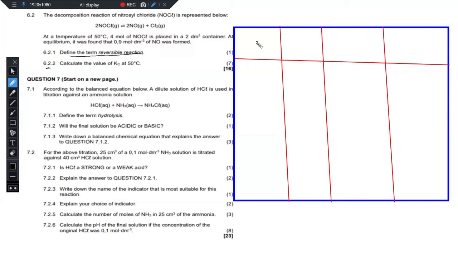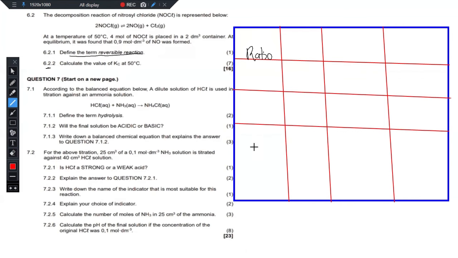Okay, so let's start with the ratio. And then we have the initial number of moles here, the change in the number of moles, the number of moles at equilibrium, and then we will have the equilibrium concentration.